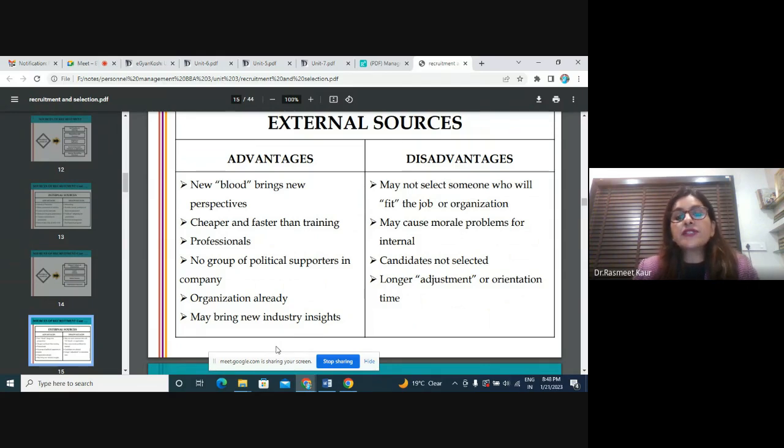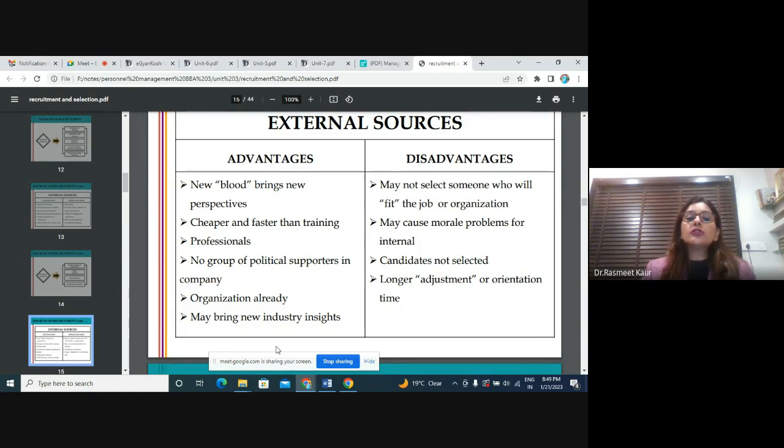As we have discussed the internal sources, similarly for external sources also, there are advantages and disadvantages. If you read those points very quickly, it says, with external source, new blood brings new perspectives. People coming from outside have their own experience, different exposures, and new perspectives, which is very helpful for the growth of the company, because you don't have the same redundant kind of ideas.